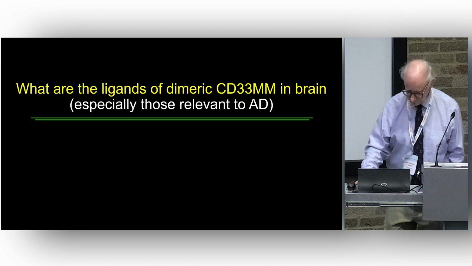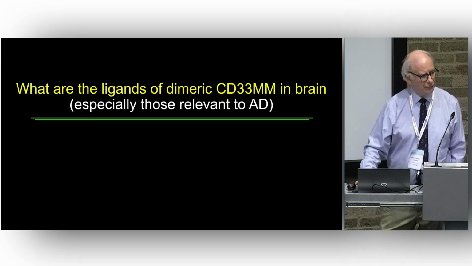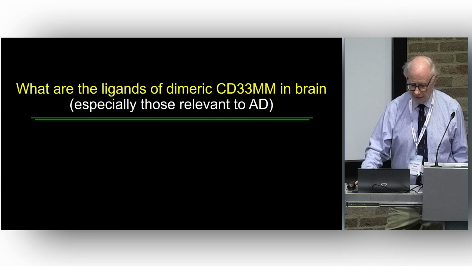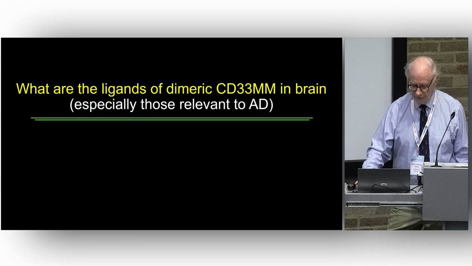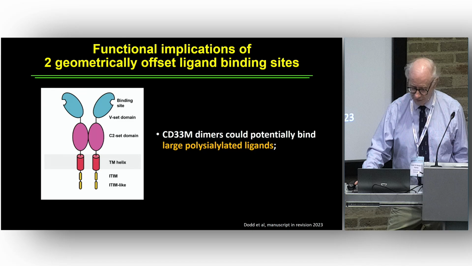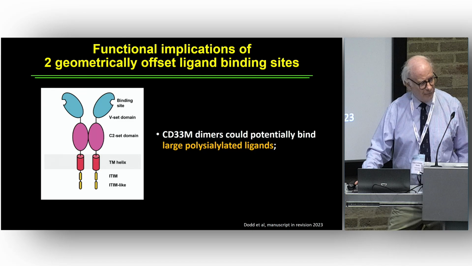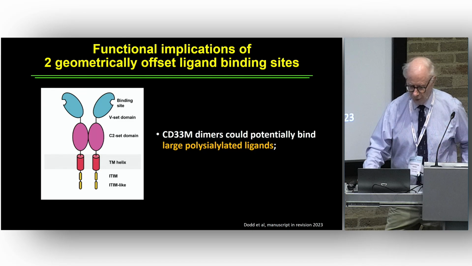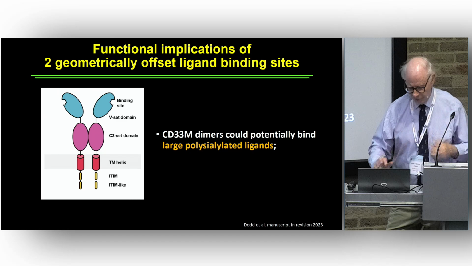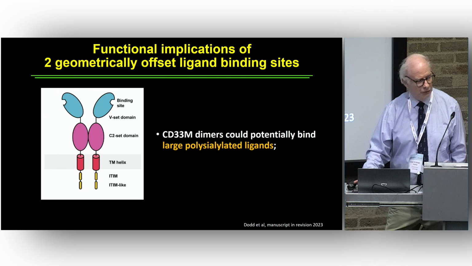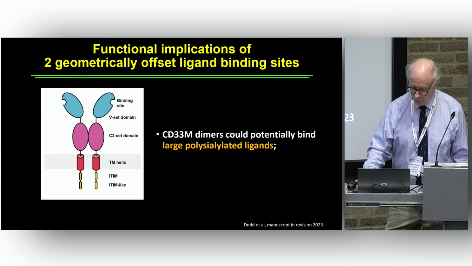So the next question that we wanted to ask was, what are the ligands for dimeric CD33 big M in brain, and especially what are those ligands that are relevant to Alzheimer's disease? We were aware that because it had these two ligand binding sites that were slightly geometrically offset, this could open the potential for the binding of larger polysialylated ligands.